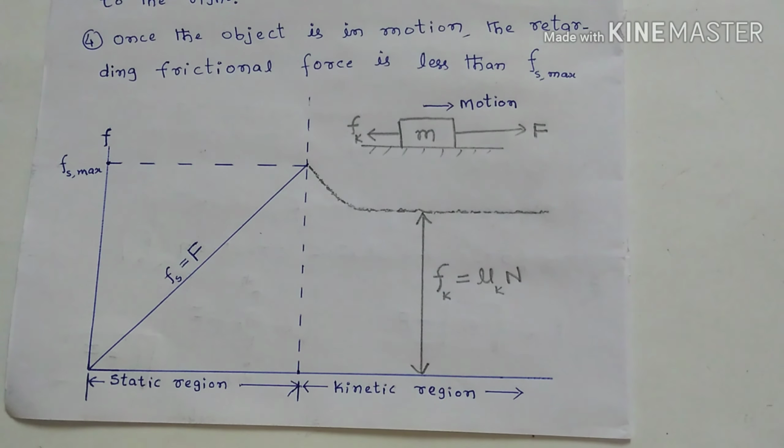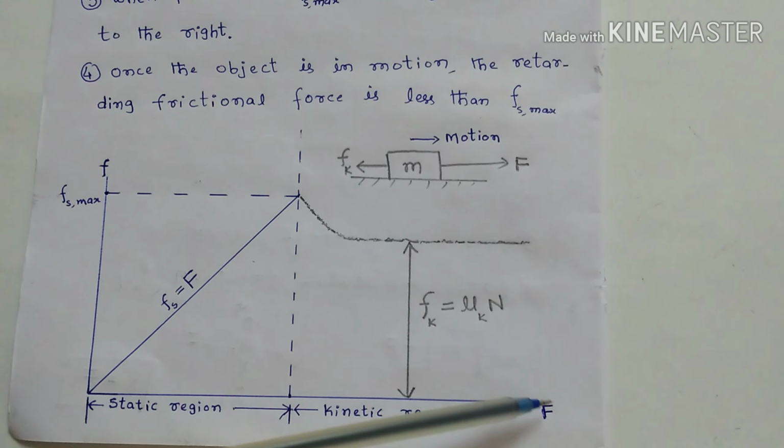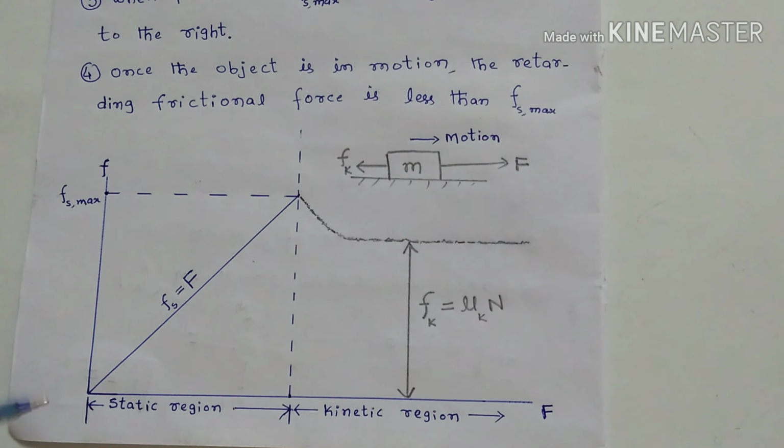Already I have discussed the static region and kinetic region. You see this graph. This is the x-axis. On this x-axis, applied force F is there. On the y-axis, frictional force is coming.